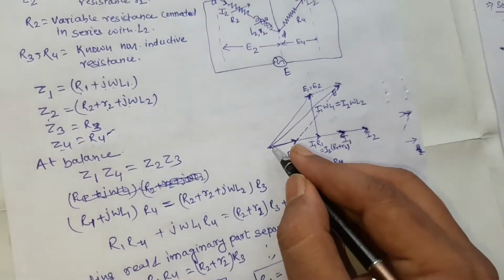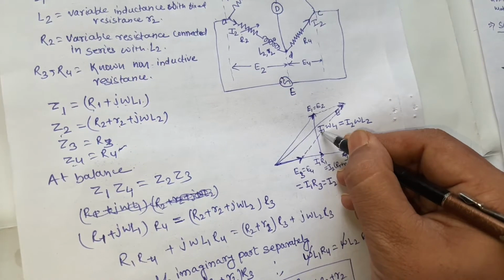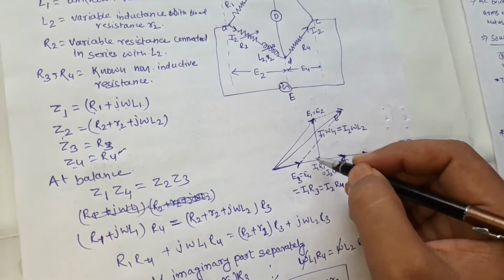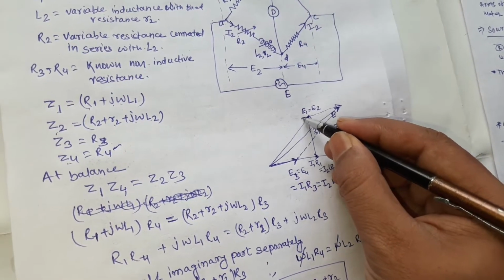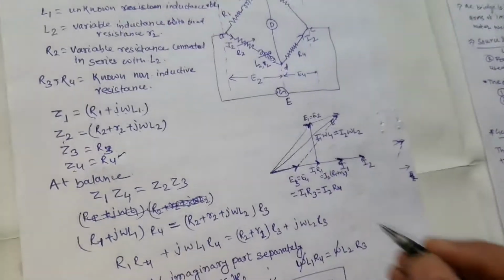That means suppose this is I1 R1 and j omega L1 I1. The summation of I1 R1 plus j omega L1 I1 is equal to E1, and E1 is equal to E2.